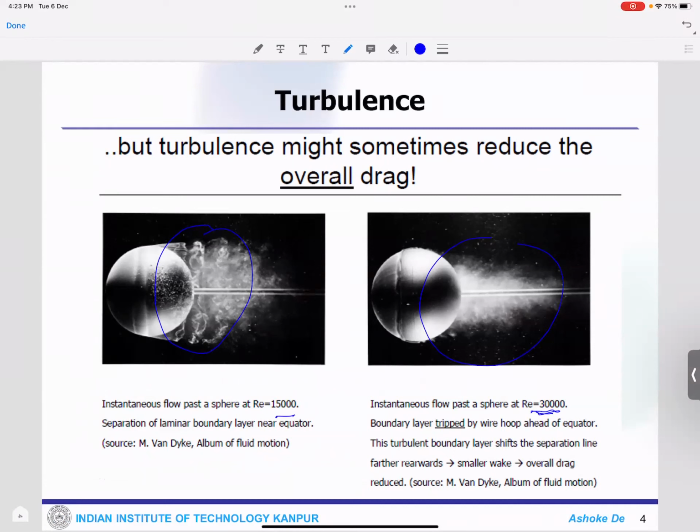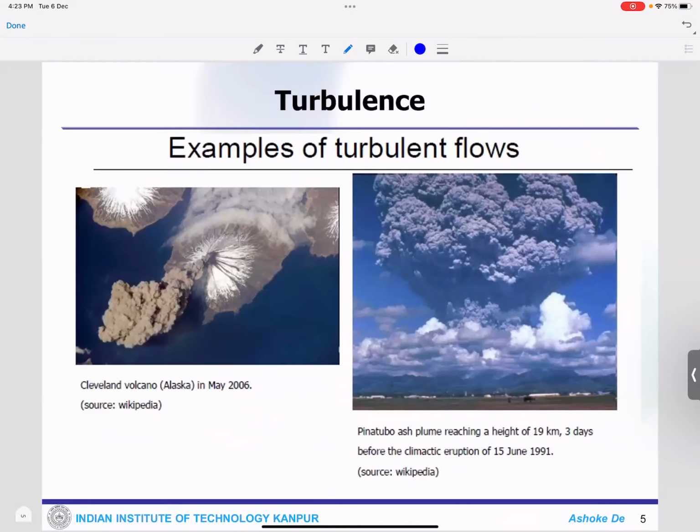Once you make it more and more turbulent, for this simple geometry, the sphere, the drag actually reduces, so the force acting on it gets reduced. That's how turbulent flows are quite attractive, and sometimes we use that. This is another classical example of turbulent flow behavior which you see in nature.